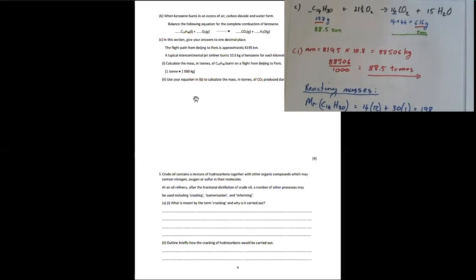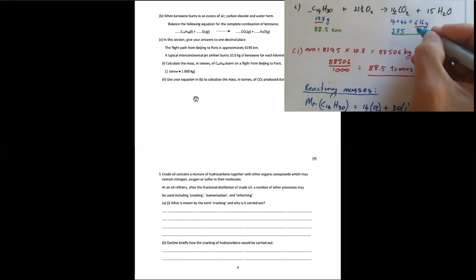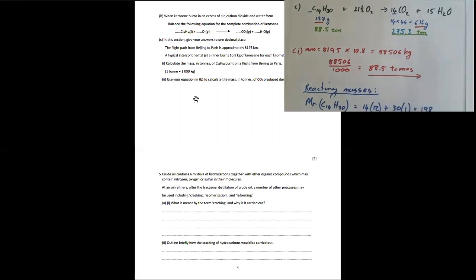And now we do cross multiplication. 88.5 times 616 divided by 198. And remember, because this is a ratio, this is in grams and this is in grams, this is in tons, so this must be in tons. So I have my answer already, 275.5 tons.